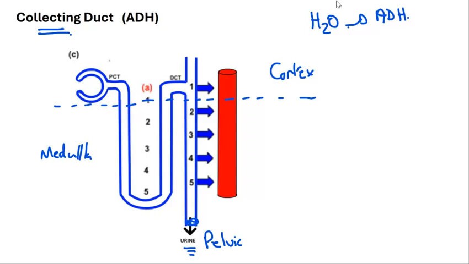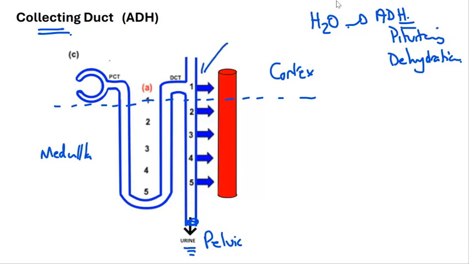Now, one would secrete antidiuretic hormone from the pituitary if you are in a state of dehydration. So with the secretion of ADH, let's take a look at what happens.